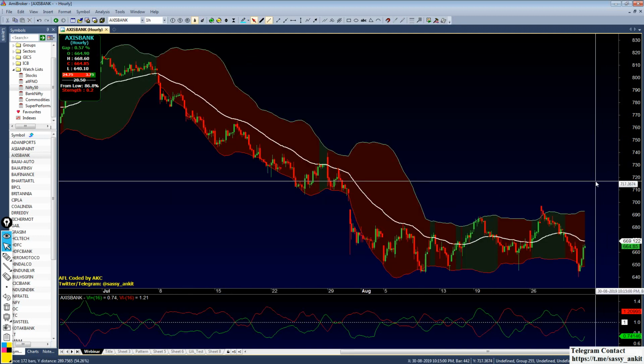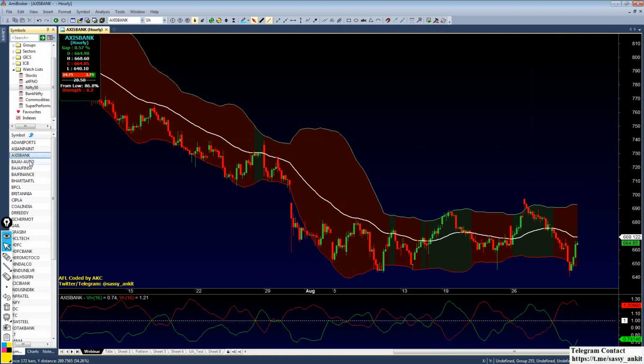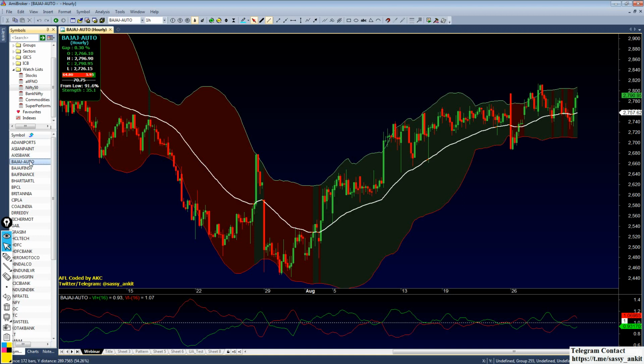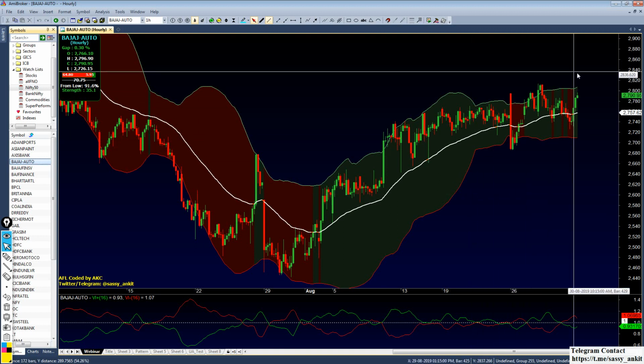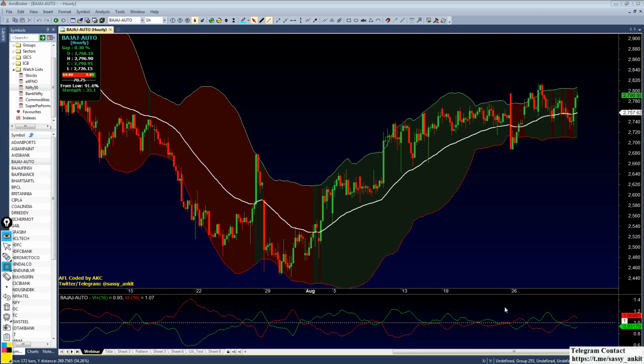Anyway, I am doing all the analysis on hourly. Based on this analysis, I'll select my stocks, and the next day I may look for a trade. Here we have a sideways move, and I can see the distance is less, buyers are weak, so Bajaj Auto may go down from here.